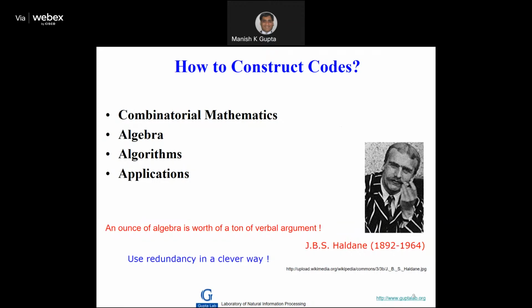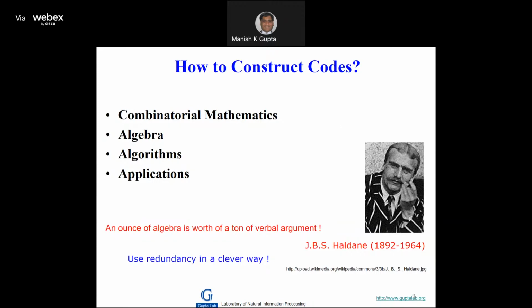If people are doing verbal arguments, just an ounce of algebra is sufficient to stop. Algebra is so beautiful: when a protein interacts with another protein or with a small molecule, they follow Clifford algebra. The same Clifford algebra is useful in wireless communication. So all beautiful things are connected, right? The application could be anything, but there is strong mathematics behind it.